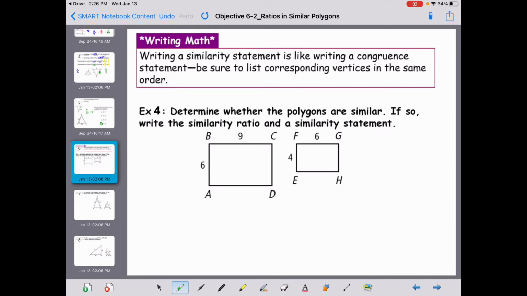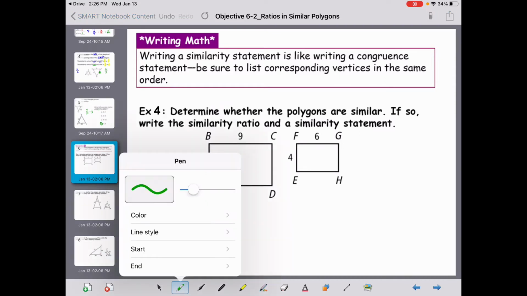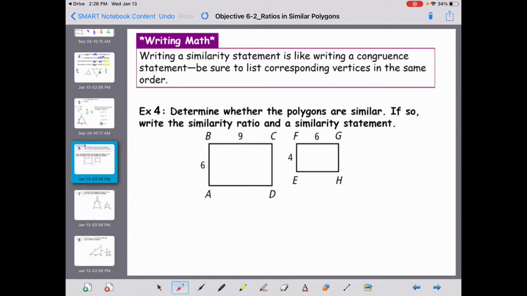Now I want to write a similarity statement. It's just like writing a congruent statement. We're going to determine whether these two polygons are similar. We're going to say that yes, they're similar. However, in order for me to really say that they are similar, I would have to know that all 4 of those angles are congruent to all 4 of these angles.